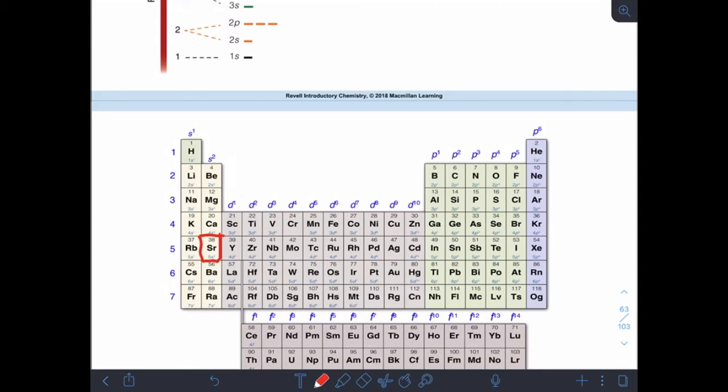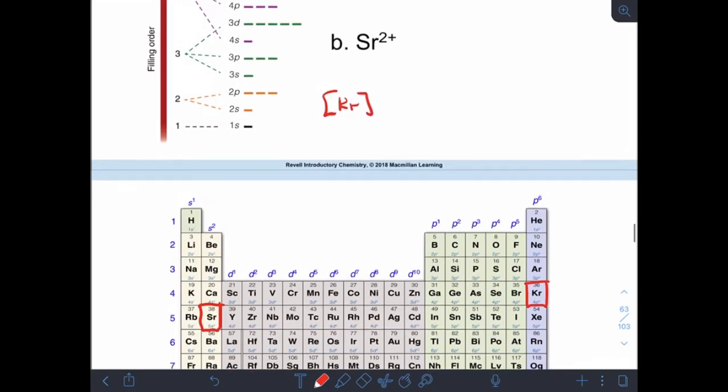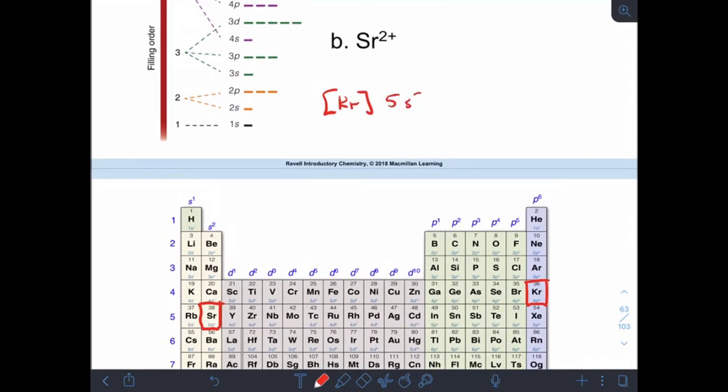Now I'm going to look in the row above strontium and find the noble gas. That's krypton. So I'm going to list krypton, and then I just list the stuff that's in the same row as strontium. Strontium's in row 5, column S2, so it's 5s2.